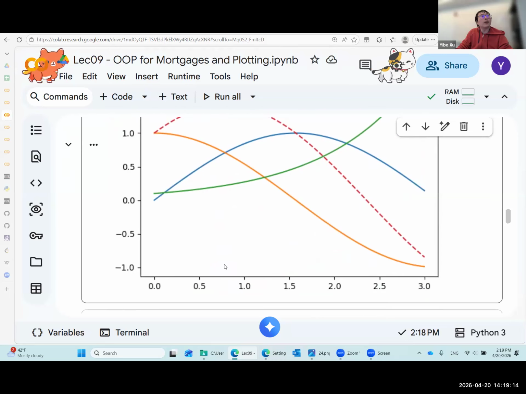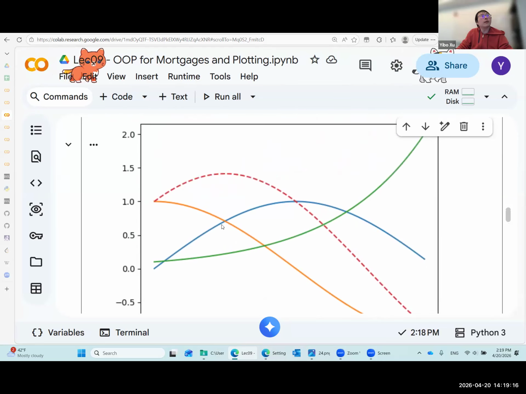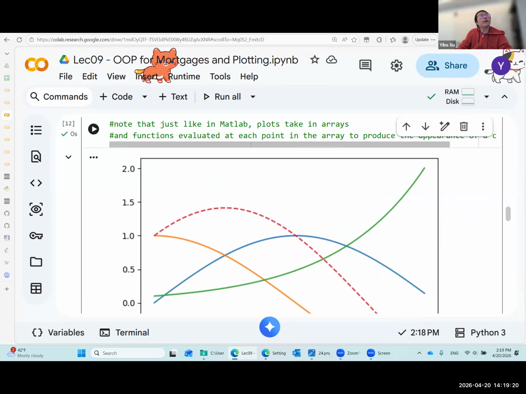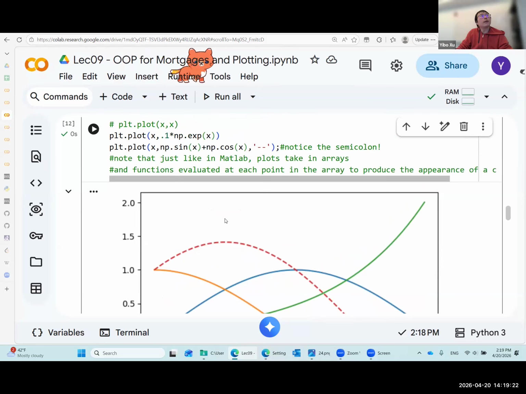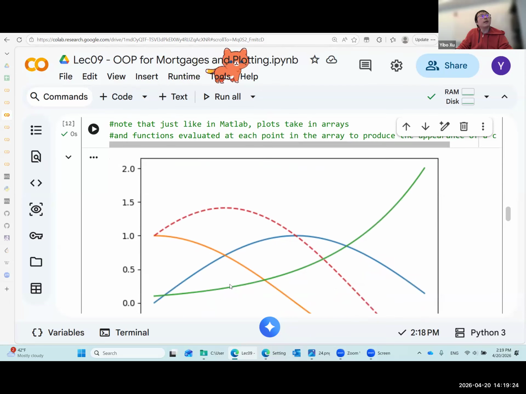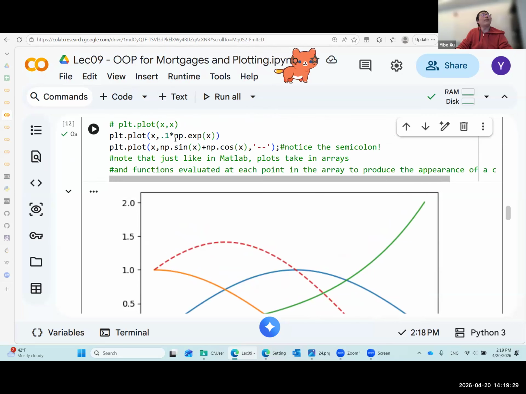Yeah, right here. So that's my dashed line in red. And okay, 1 times exponential. So yeah, exponential is growing. That's my exponential growth.